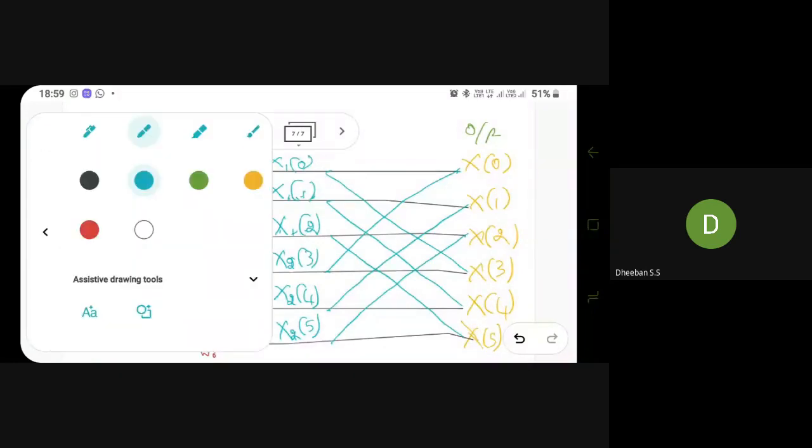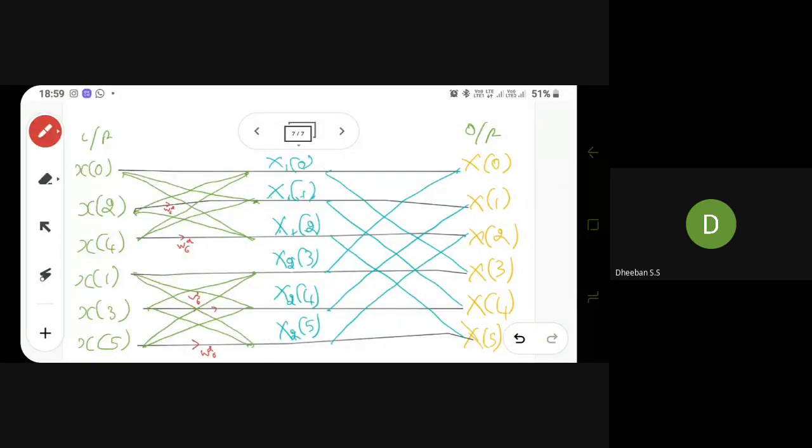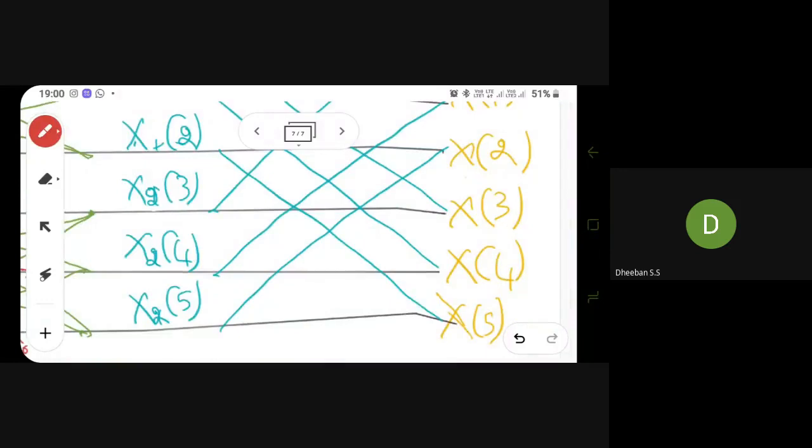Okay, like your triple factor starting from the lower part. So it is W6 of 5. And here it is W6 of 4. Over here it is W6 of 3.